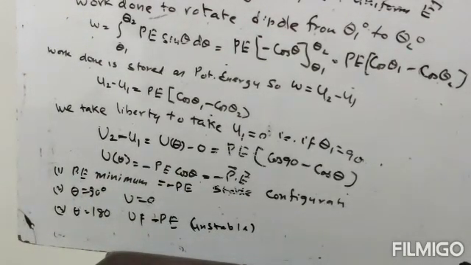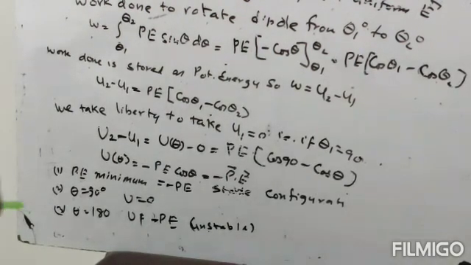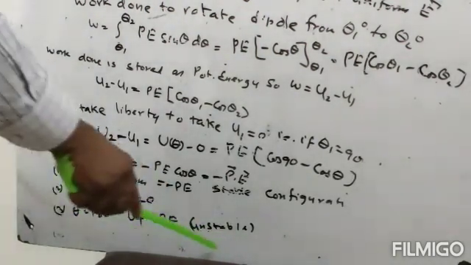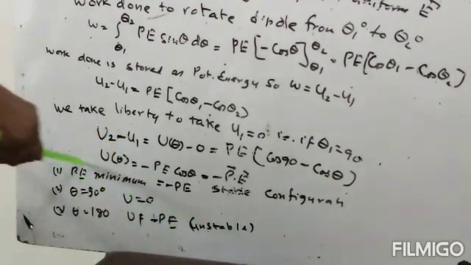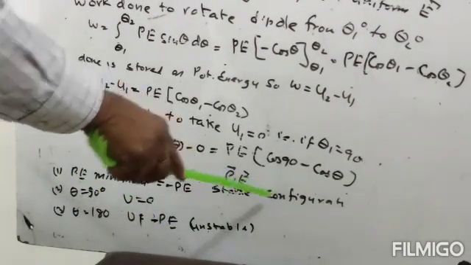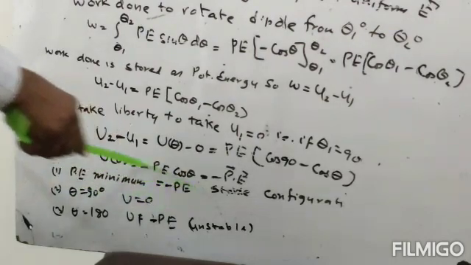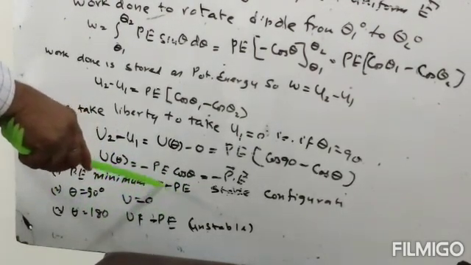So it will be equal to plus P into E. So it will be an unstable condition when it is anti-parallel, a stable condition when it is parallel, and the in-between position is when theta is equal to 90.